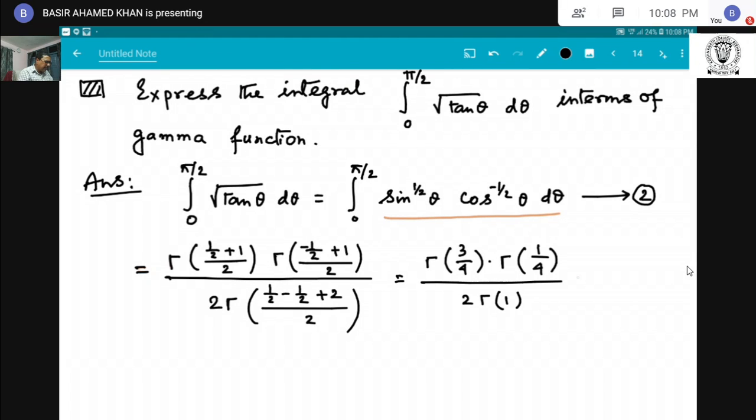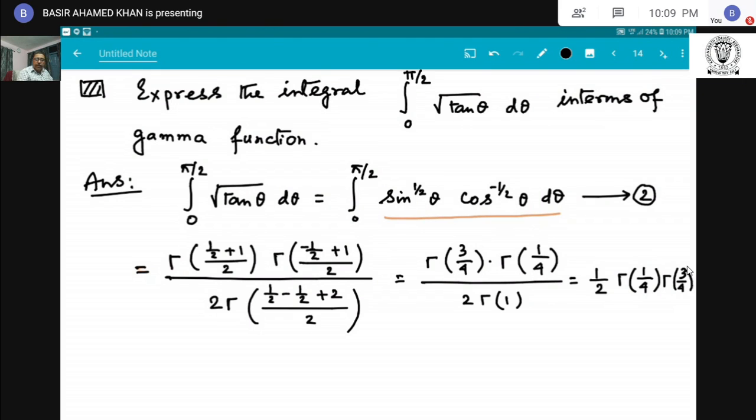This is half gamma 1/4 into gamma 3/4. This is the required result.